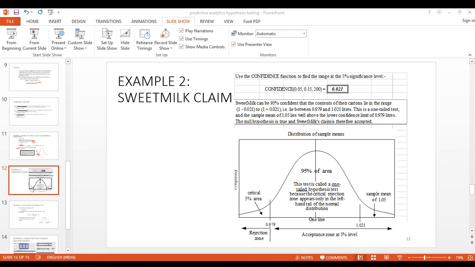It will ask for the standard deviation in our sample, which is 0.15, and it will ask you for the sample size, which is 200. Here you can see we took a 200 bottle sample. It comes out to be 0.021.